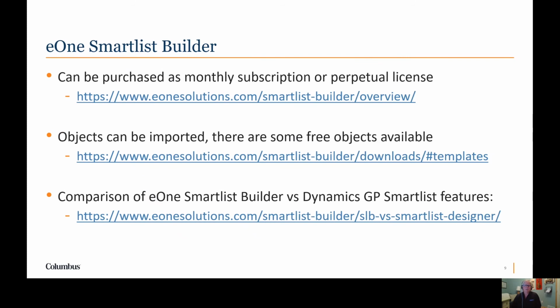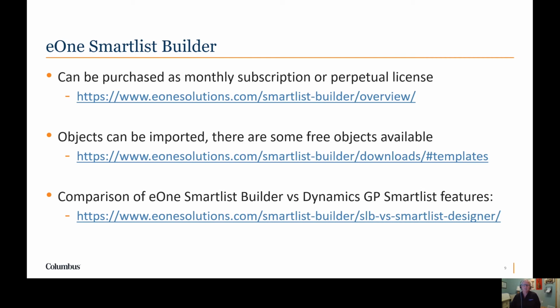So Smart List Builder isn't a product that's free to you, but it can be purchased as a monthly subscription or a perpetual license. And you'll be able to download these slides, and you'll get these links so that you can go look up more information yourself right from the E1 website. E1 also has a bunch of templates that can be downloaded and imported free to you with the product, of course.